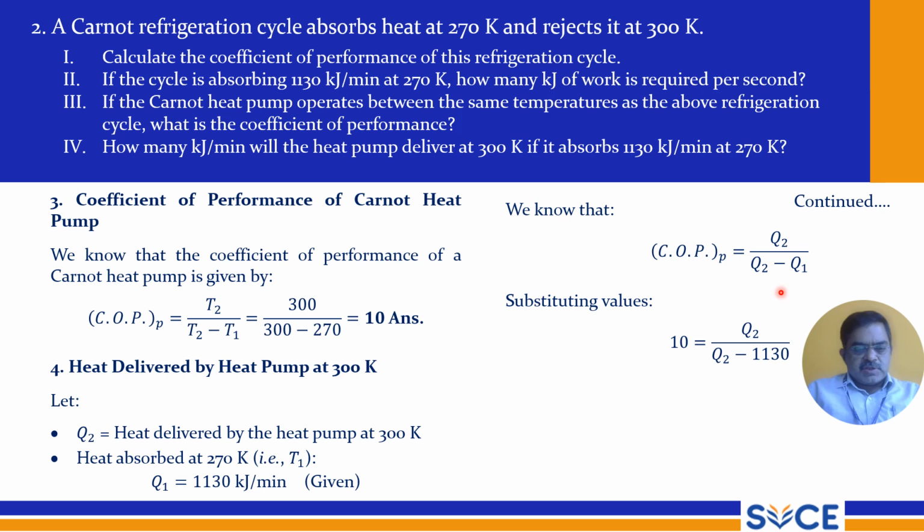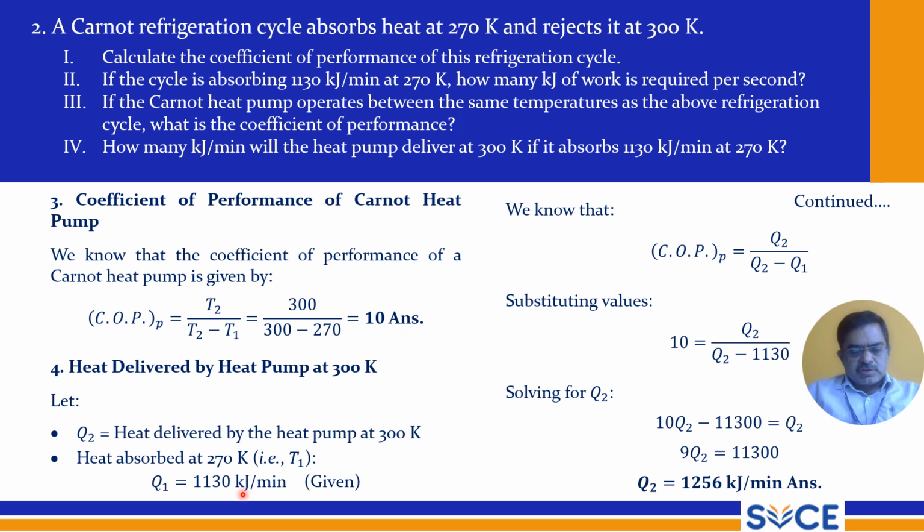Substituting these values, we know COP, Q2 is unknown, and we know Q1, given as 1130 kilojoules per minute. So 10 Q2 minus 10 times 1130 equal to Q2. Here 9 Q2 equal to 1130... and then Q2 is equal to 1256 kilojoules per minute.